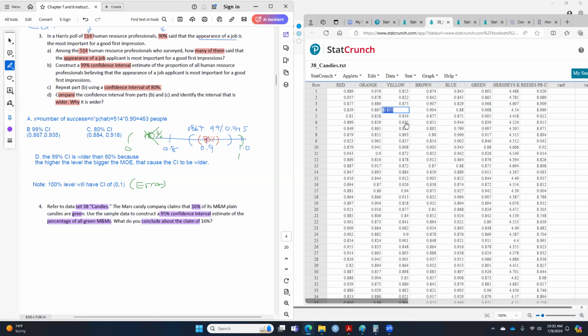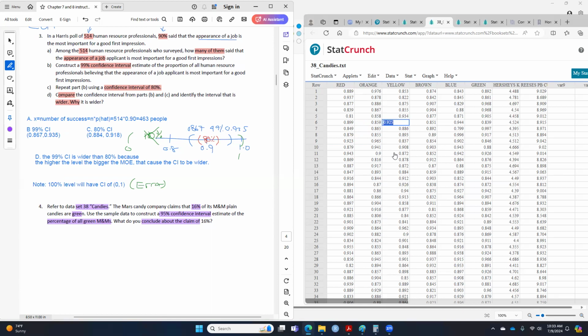If you don't know what all these numbers are, especially in the test, you can always raise your hand and ask me. You say, hey, David, what do all these numbers mean? Now I will tell you right now. These numbers are what we call the weight of the M&Ms.